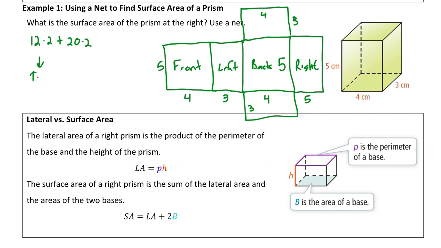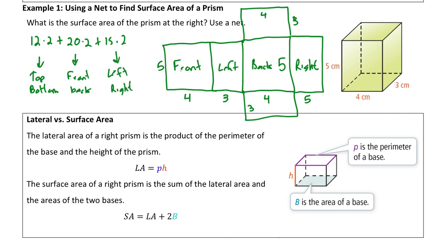So top, bottom, front, back, and then I'm going to add on the left and right faces. So 5 times 3 for the left and right, they're both 5 by 3, so 15 times 2. That's the left and right.